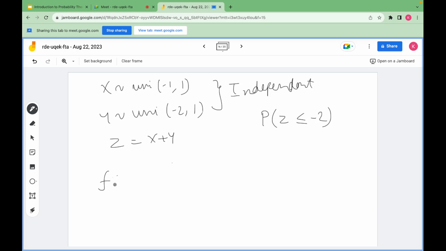So this joint probability distribution is easy to find, which is nothing but fx into fy.